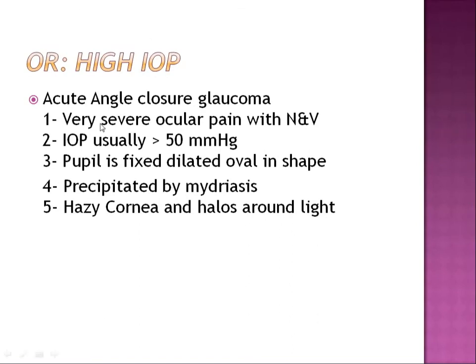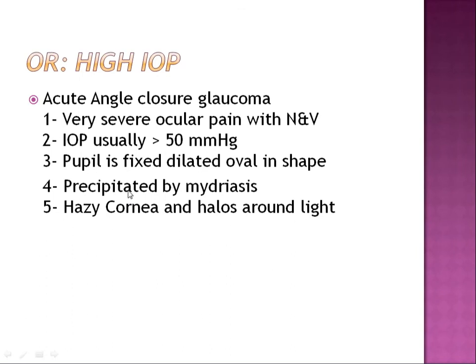Now, decreased vision, redness and pain with high intraocular pressure goes in favor of acute angle closure glaucoma. How do you know it is acute angle closure? One thing is very severe pain with nausea and vomiting. IOP is the most important factor here, almost more than 50, or at least above 40. The pupil is fixed and dilated, and it is typically vertically oval in shape.